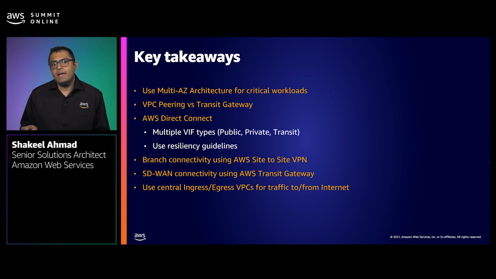And we talked about why it's important to think about resiliency and how you can use the resiliency toolkit to plan for that. We touched upon branch connectivity, how you can use site-to-site VPN today, or you can use SD-WAN connectivity using the AWS Transit Gateway Connect feature. And in the last part, we touched on how you can create central ingress and egress VPCs for traffic to or from the internet.